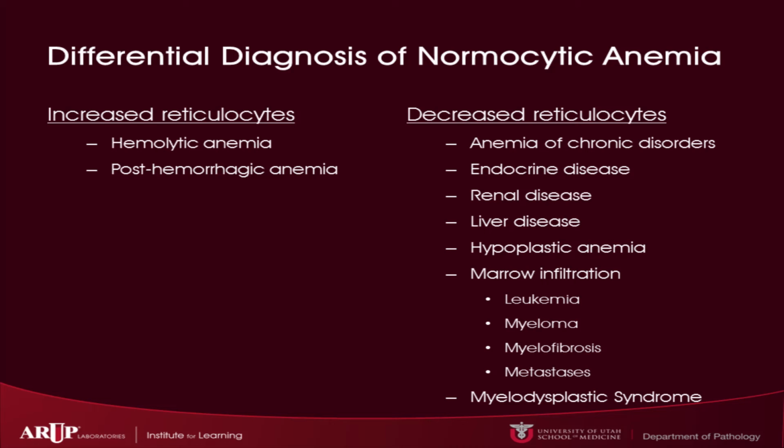A lot of endocrine disease, liver disease, marrow infiltration, myelodysplastic syndrome, which is a kind of cancer of the bone marrow precursors. Hypoplastic anemia, that means aplastic anemia, where the bone marrow is not functioning, whether because of a viral infection or some kind of insult. So the list for normocytic anemia with decreased reticulocytes is really huge.